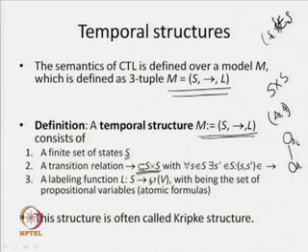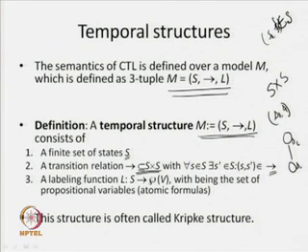So, the second component is the transition relation, which is a subset of the Cartesian product of S and S, with a particular restriction. It says that for all s belonging to S, there exists an s dash such that (s, s dash) belongs to this transition relation. Now, what does it mean?